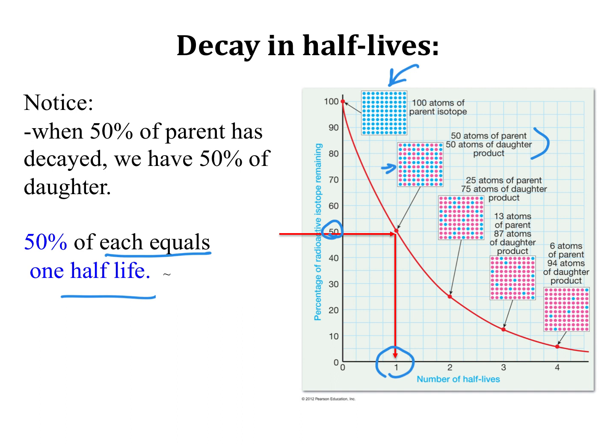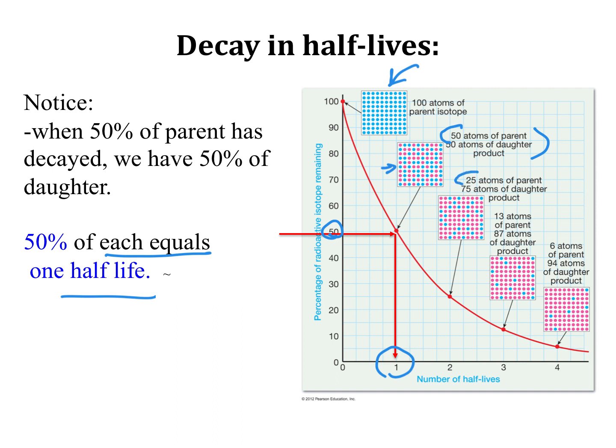Now, as decay continues, in another half-life, we're going to lose half of the remaining parent. So we now only have 50 atoms of parent. So in another half-life, we're going to lose half of that 50, which means we'll just have 25 atoms of parent left.